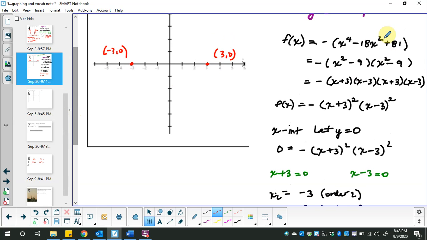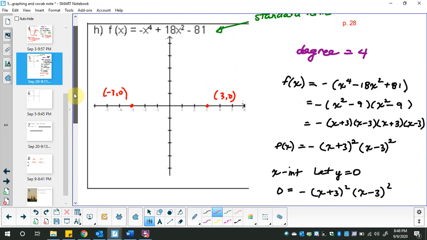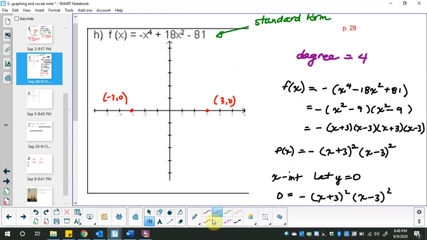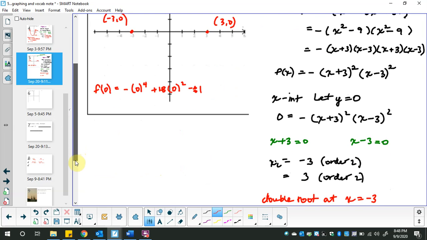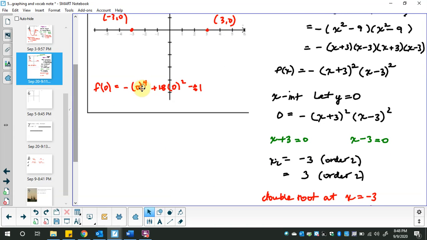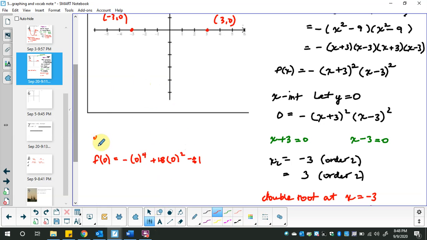So I've got all these f(x)'s that I can choose to use, or I can go back to the original. Remember, my stuff is movable. So I can do f at 0 equals -0 to the 4th plus 18, 0 squared minus 81. And there is so much work going on here that it is advisable for you to tell me what you're doing at each stage in the process.